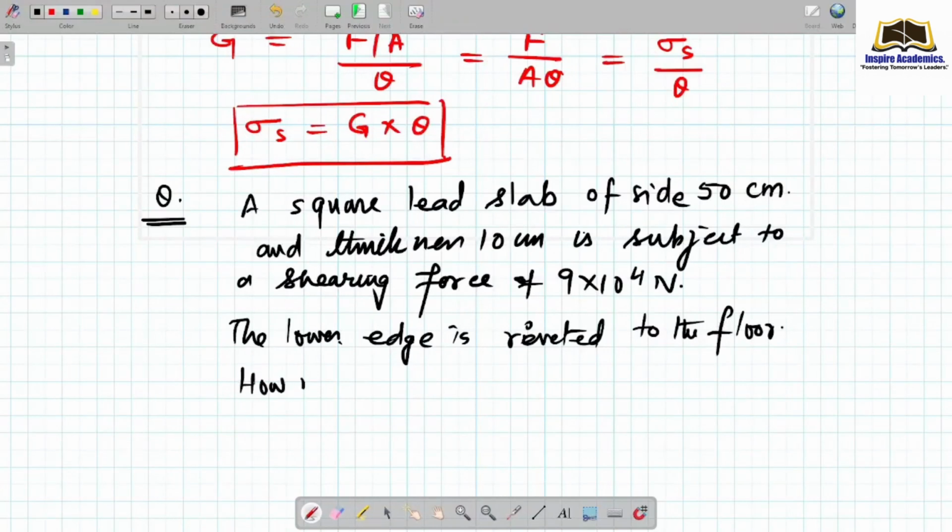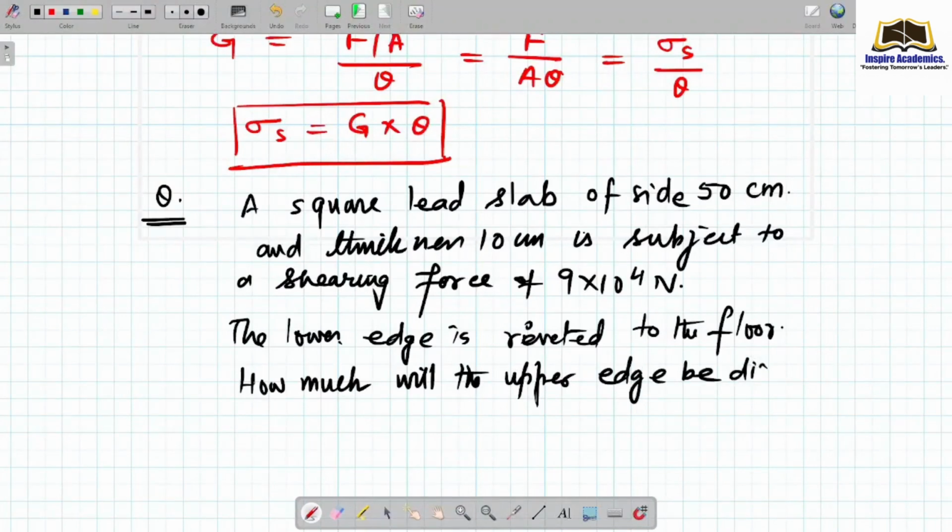What have I asked you? Do you know what is asked? A square lead slab of side 50 centimeter and thickness 10 centimeter is subject to a shearing force of 9 into 10 to the power 4 Newton.